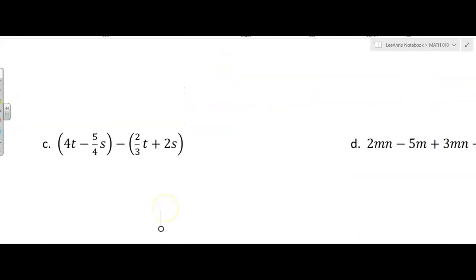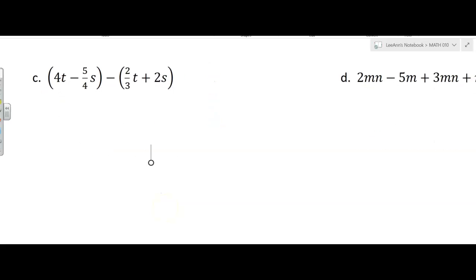Okay, now we have this problem here, C, and that already looks scary because of the fractions. But let's look at the parentheses and what's going on. The minus sign will have to be distributed. So I'm going to have 4t minus 5 over 4 s. There'll be minus 2/3 t.